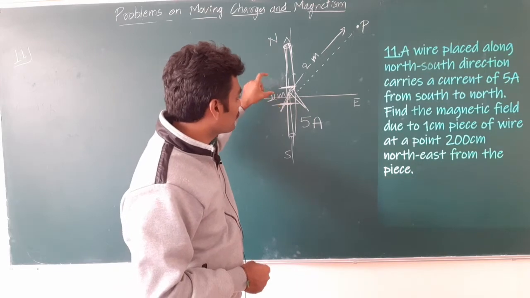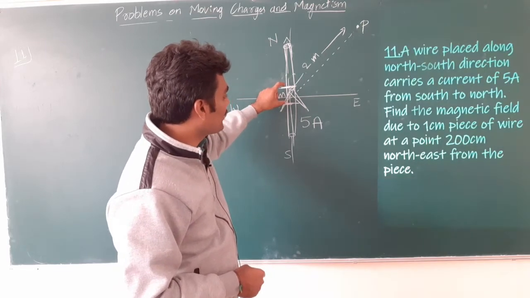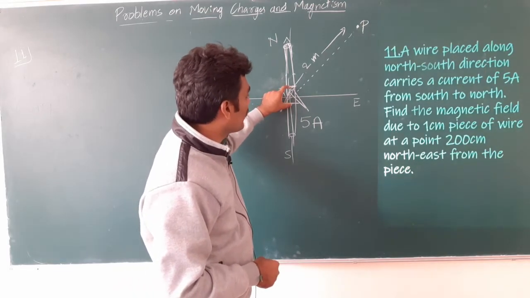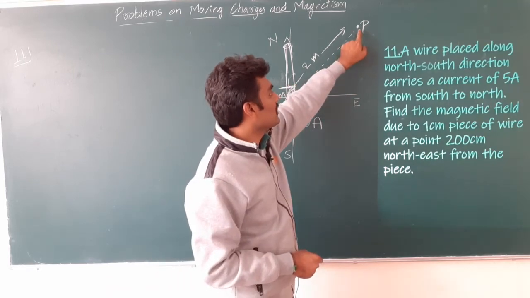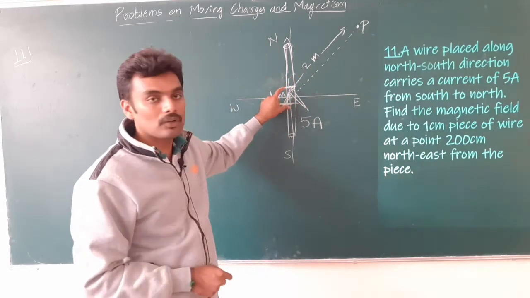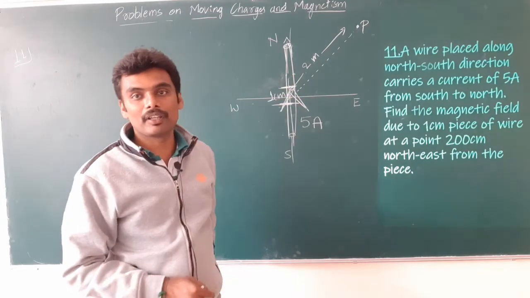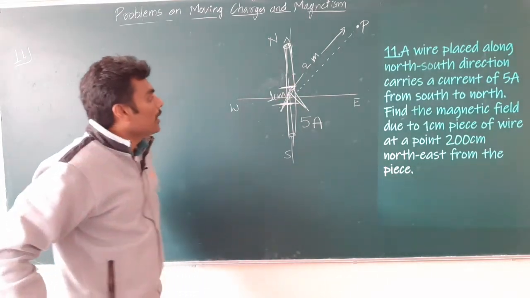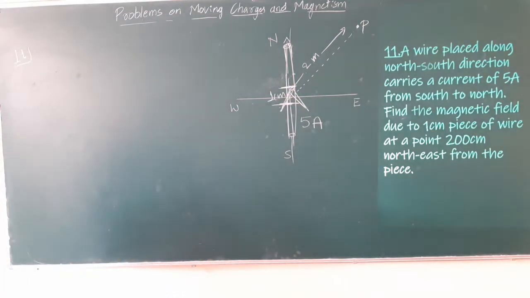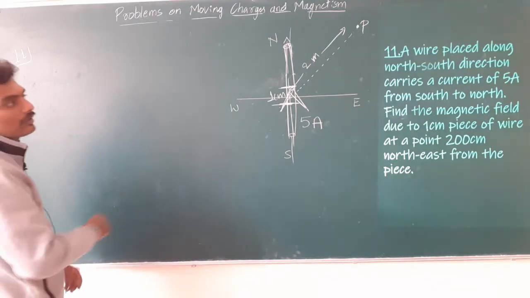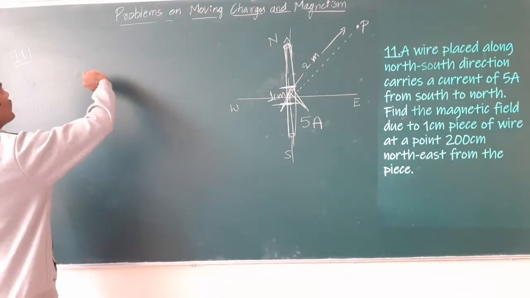But now this is a situation where we have to consider a very small piece of wire, and the magnetic field shall be found due to this piece alone, not any other part of the wire. So I am going to use Biot-Savart's law to get the magnetic field at point P.